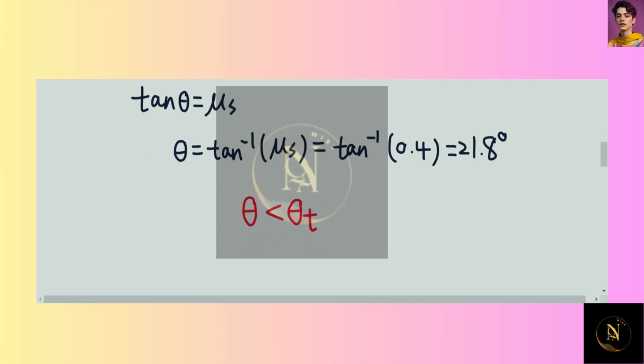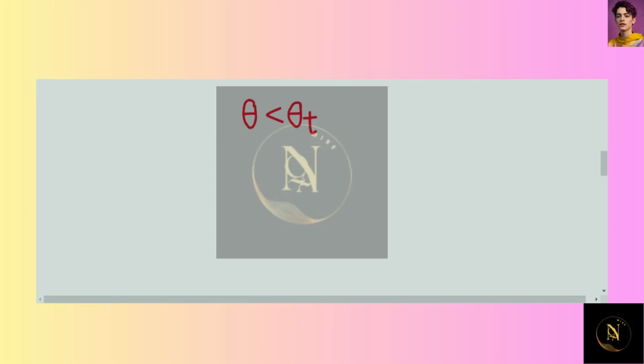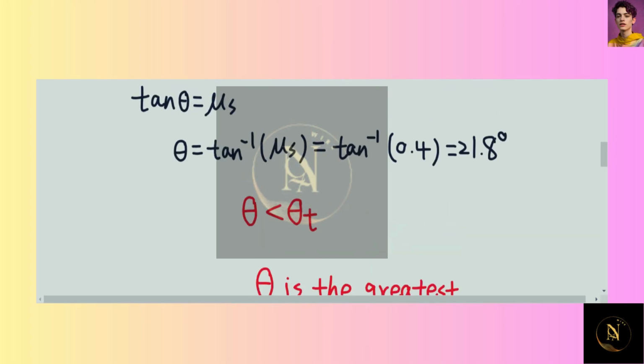Therefore, this is the greatest slope angle the shoulder can have without causing the car to slip or tip over. So let me write down theta is the greatest. And this is the answer for this question.